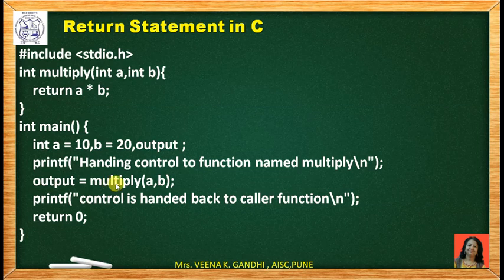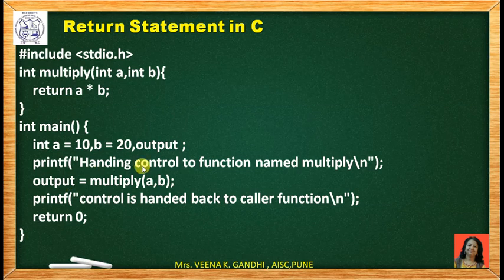Now when this multiply function is called, control is transferred to the multiply function here. So int multiply, we define the function here, int multiply int a comma int b, and in that we return a into b. So we are multiplying a into b and returning the value to the calling function.